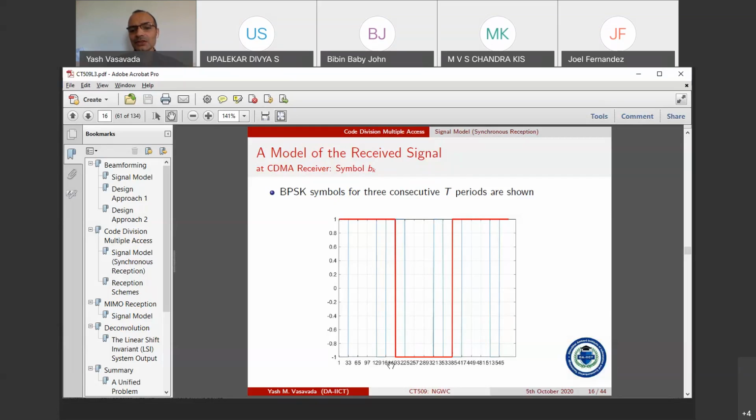It will be essentially the ratio of 192 with 32. So that ratio should be 6. So basically, if I look at the spectrum without this code division multiple access, compared to that spectrum, the spectrum of this code multiplied symbols will be 6 times wider.